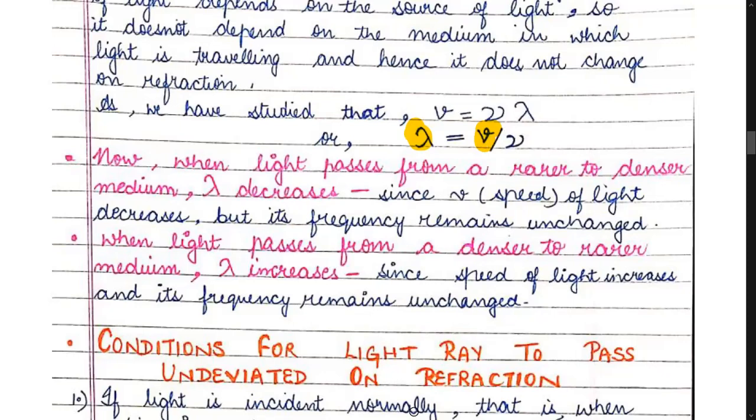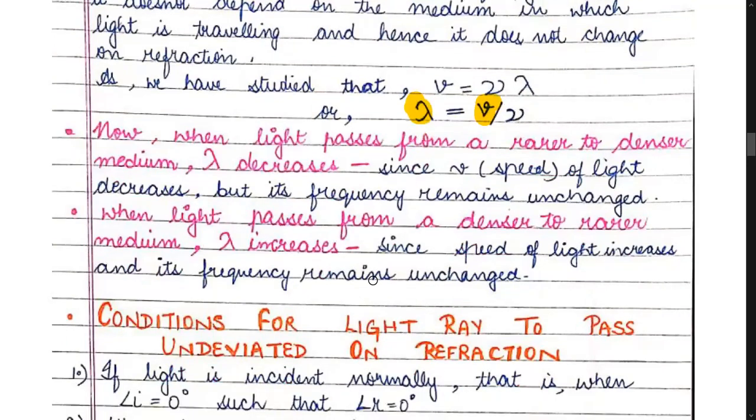When light passes from a rarer to denser medium, wavelength decreases, since velocity of light decreases, as wavelength and speed of light are directly proportional to each other, keeping the frequency unchanged.